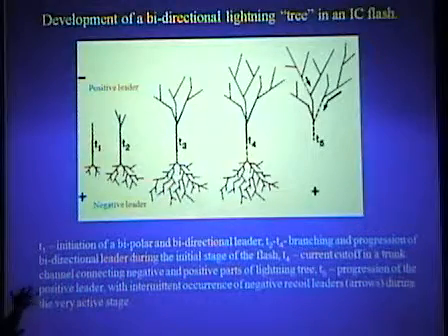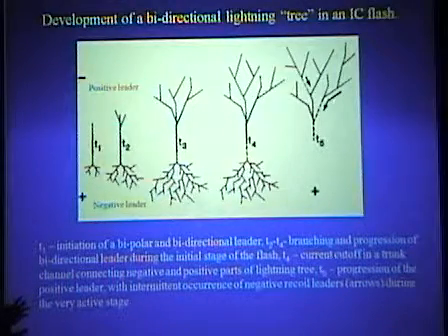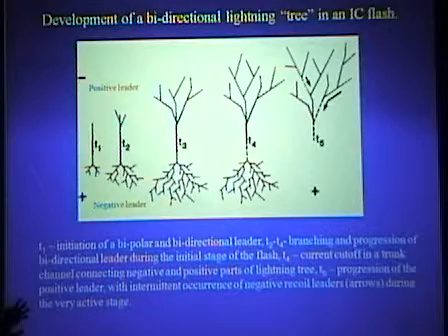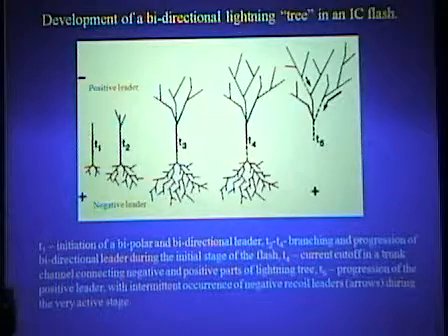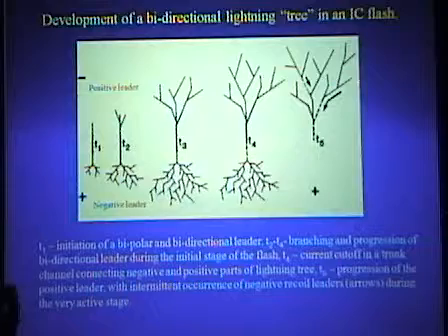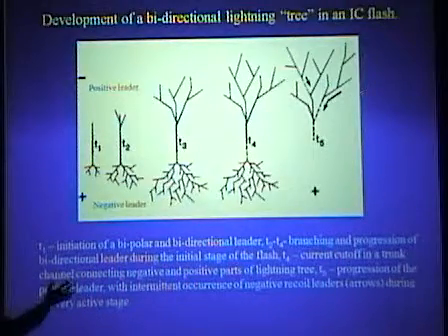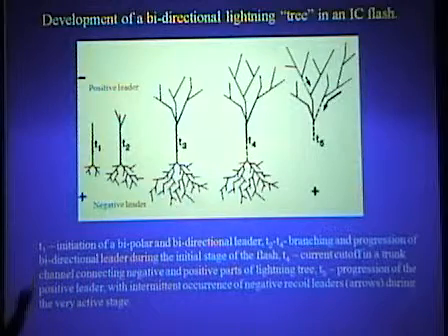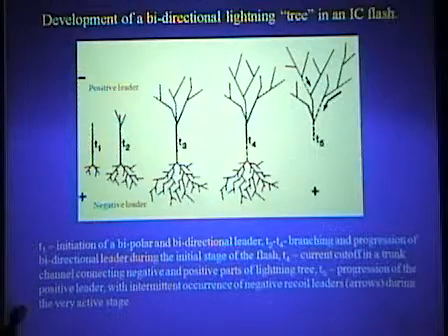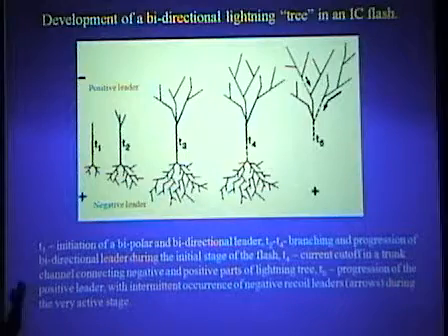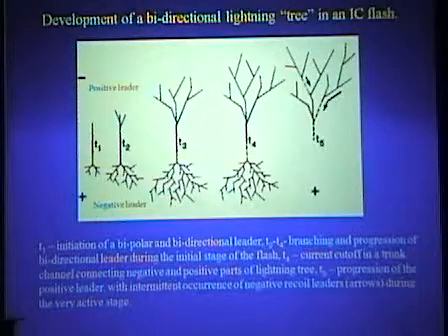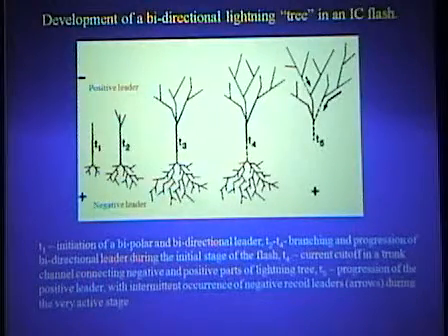So we have positive and negative leaders, but these recoil leaders are actually going through the traces made by positive leaders before them. So, you know, it's not like breaking fresh air. We are going through the path which was already made by previously developed positive leaders. So we are fast and bright, but we go back to the origin.